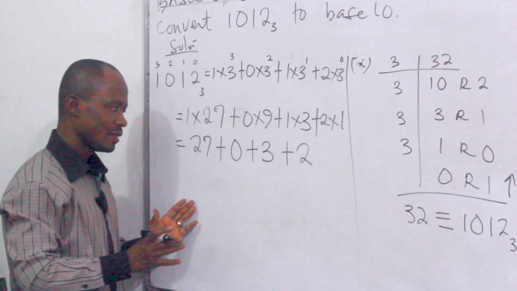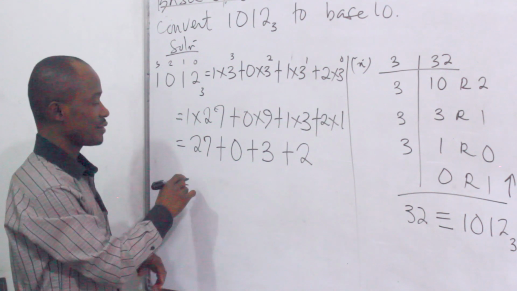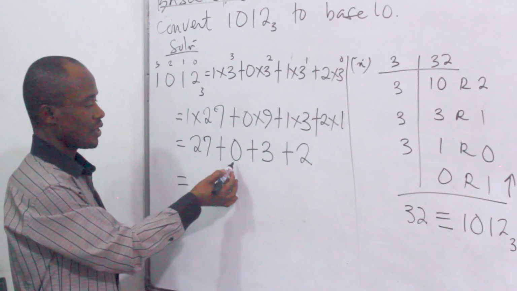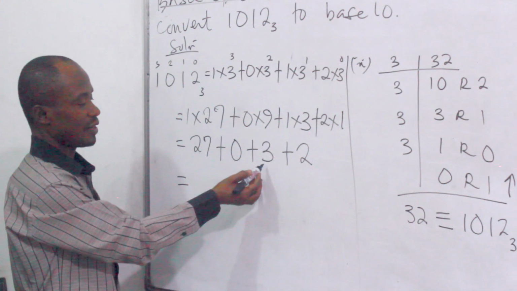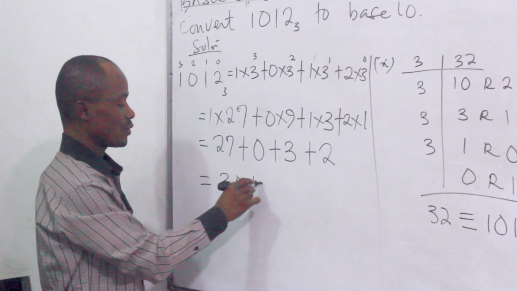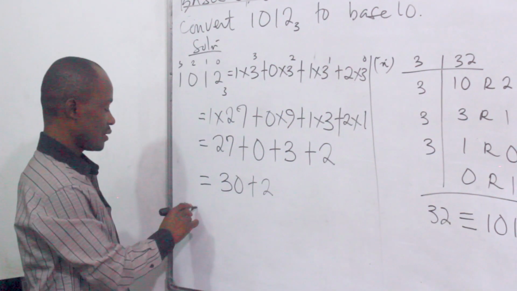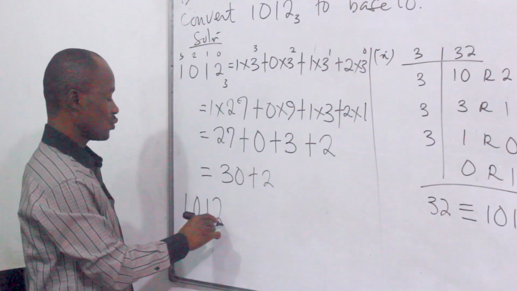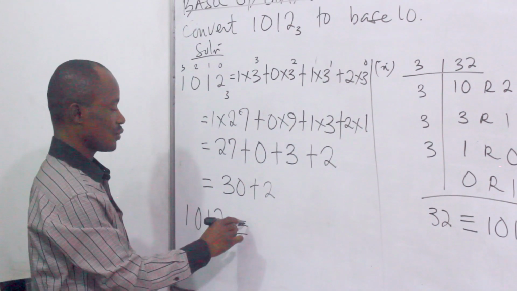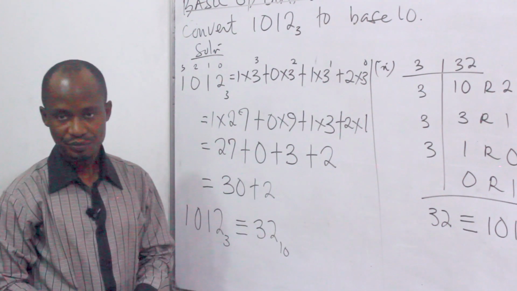So we can easily add the numerals. This would be 27 plus 0 is 27, plus 3 is 30, plus 2. So at the end of the day, we have 1, 0, 1, 2 in base 3 is equivalent to 30 plus 2, 32 in base 10.